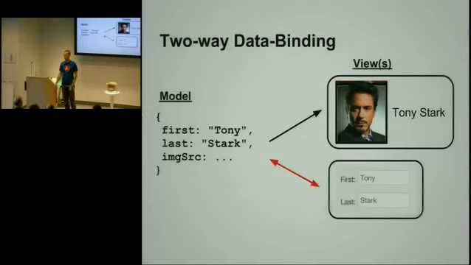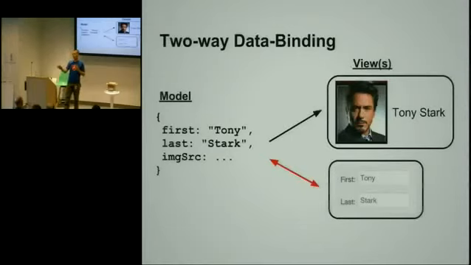It's displaying a profile picture of a superhero. And I also have a form which is bound to the same model. And as we see, it's populated with the same values, so the first name and the last name. And as I change the values in this field, the model will update automatically.